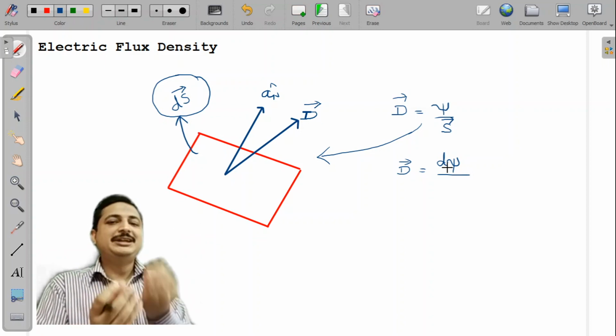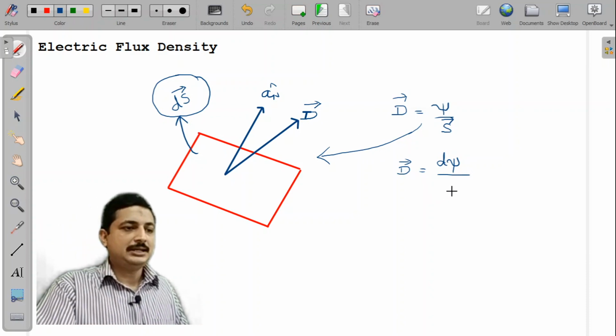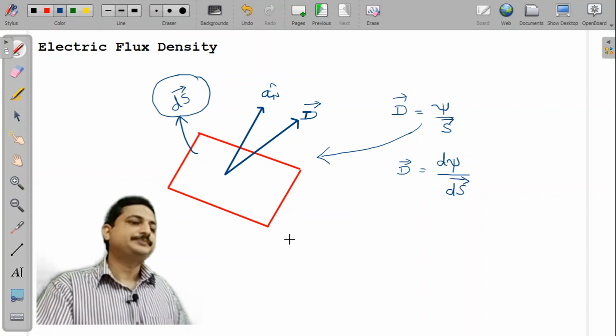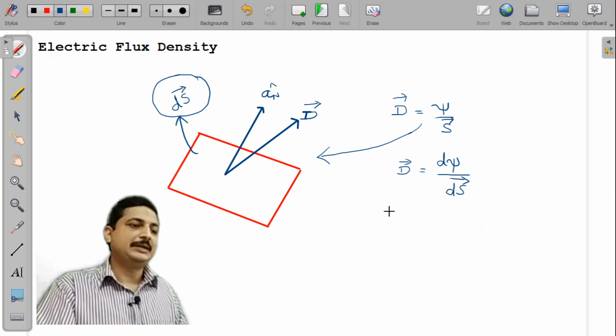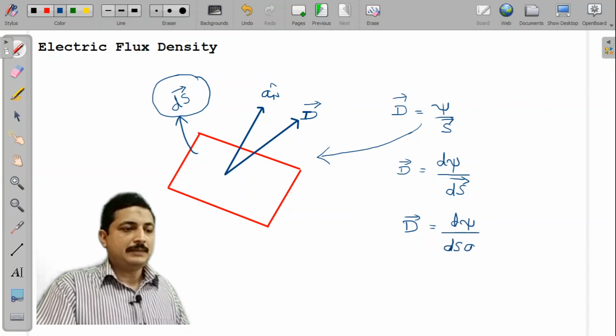So only a differential number of flux lines will pass through. So I write d psi and below it is ds vector.